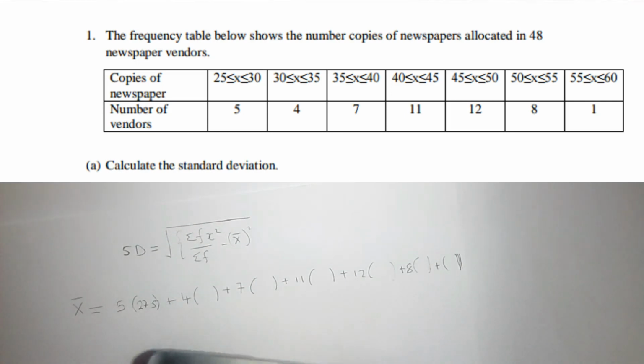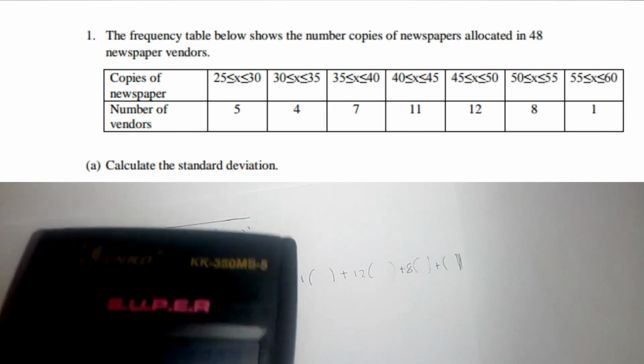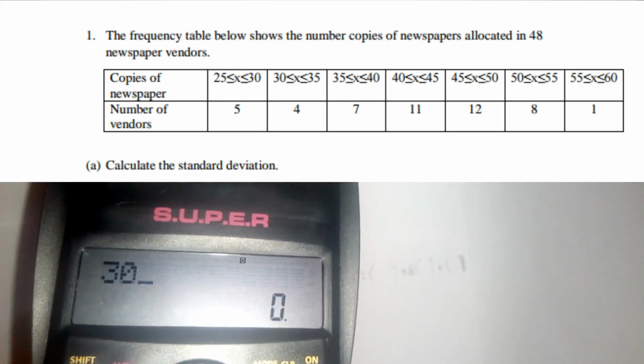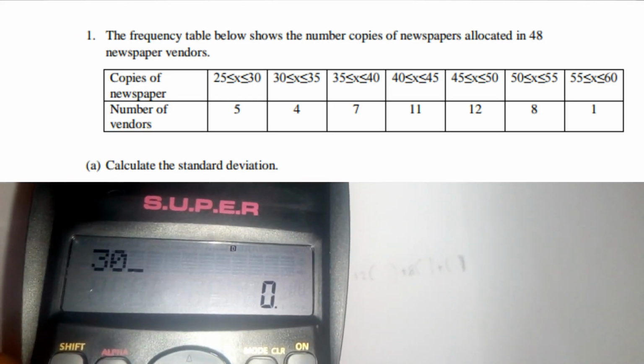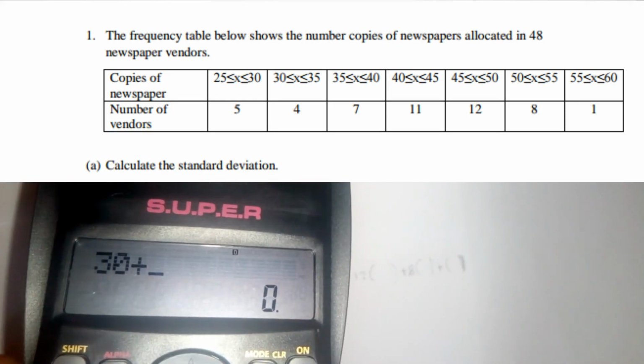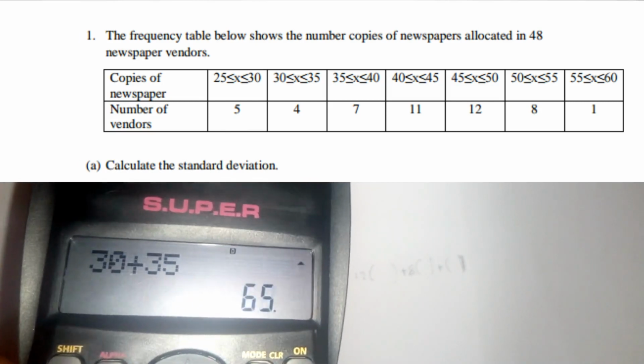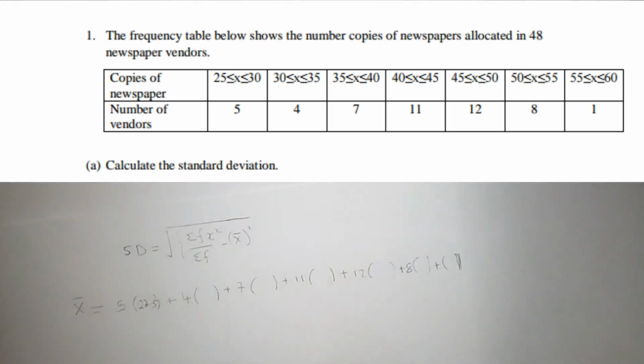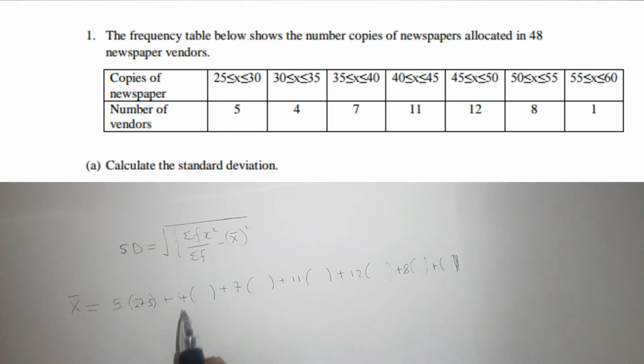The next will be 30 plus 35. You divide by 2, which is equal to 32.5. We go to the next one.